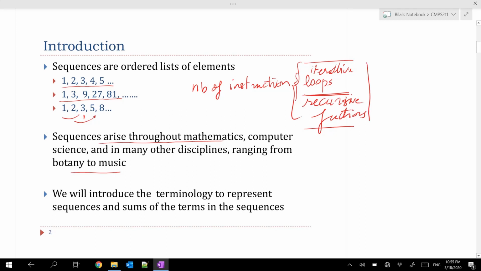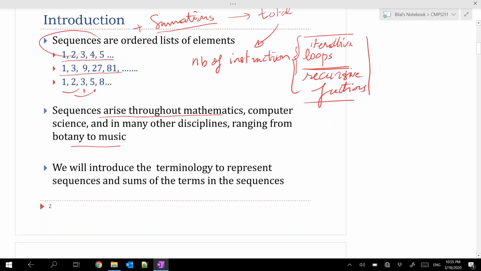So it's not only sequences, but also summations of the terms in a certain sequence that are important for us, because this summation will give us an idea about the total number of instructions being executed in a certain program, whether it has several different loops or recursive functions calling one the other.